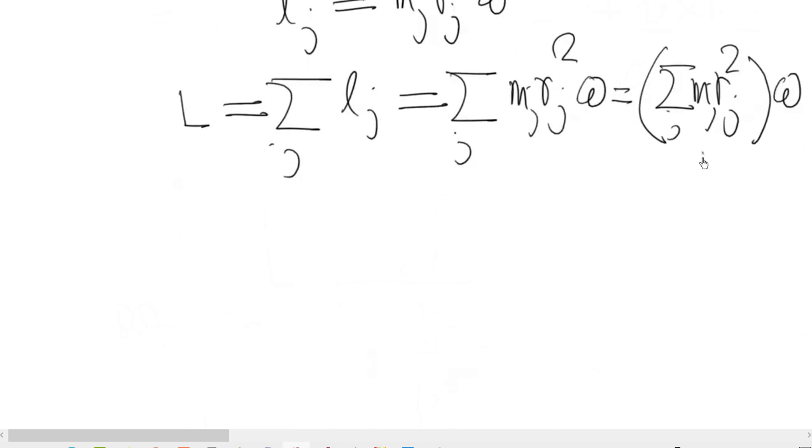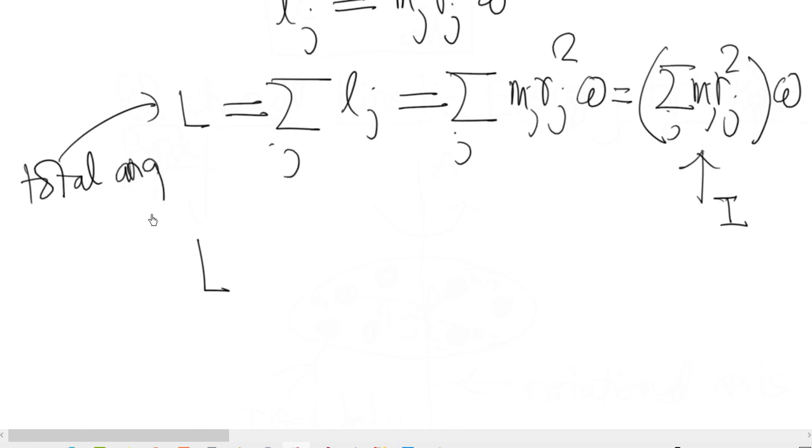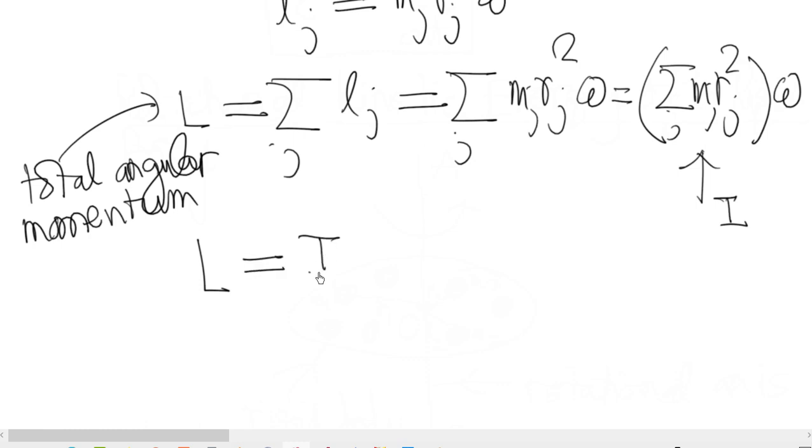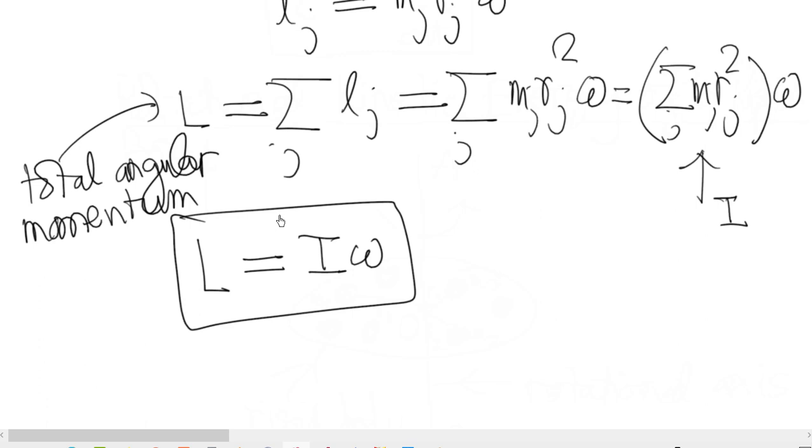But we know this is the moment of inertia I, so L, the total angular momentum of the rigid body, or rather the magnitude of the total angular momentum, is I omega. So you see the relationship between the moment of inertia I and the angular momentum L.